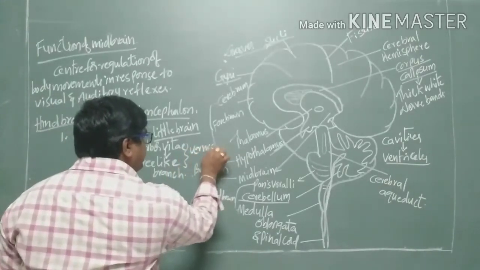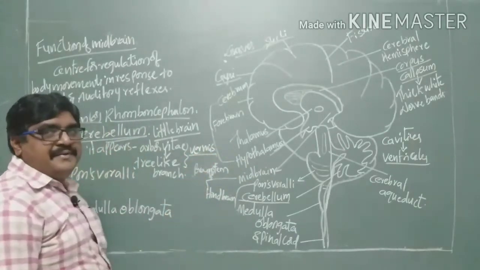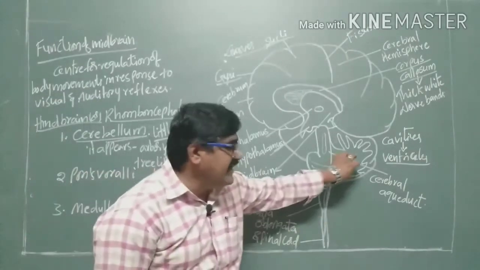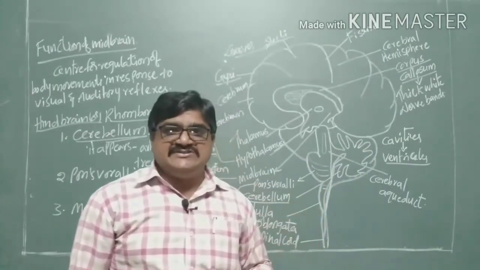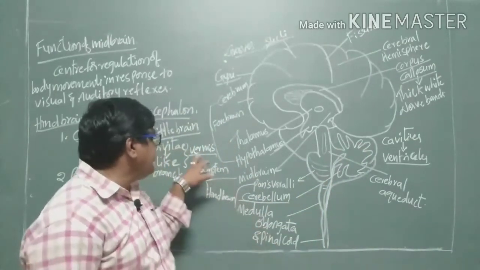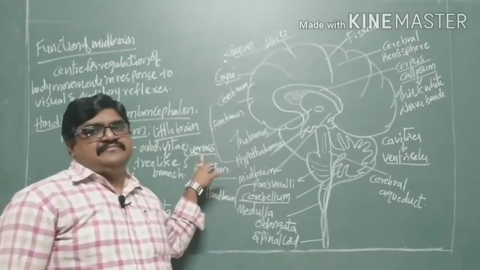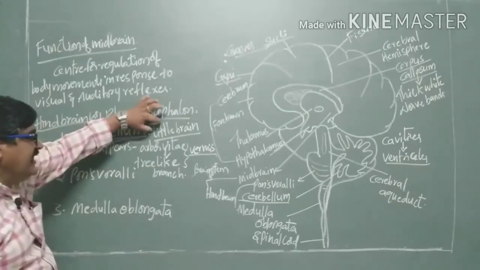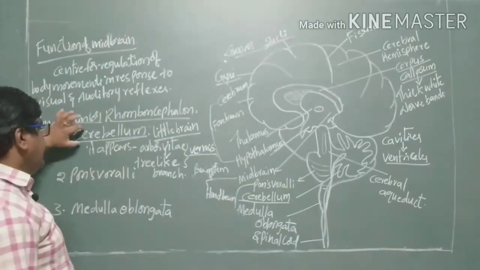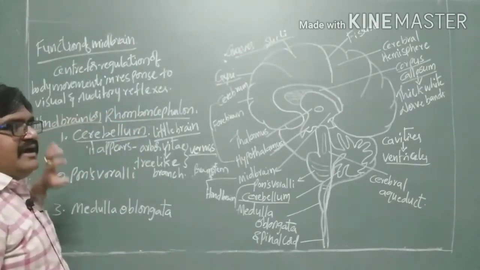What does vermis mean? The two cerebellar hemispheres are connected with a worm-like structure, and that worm-like structure is called the vermis. So that is the cerebellum, the little brain.